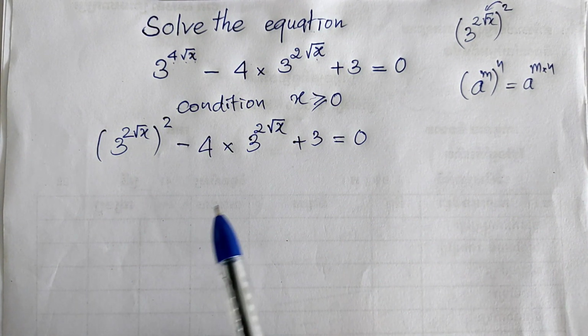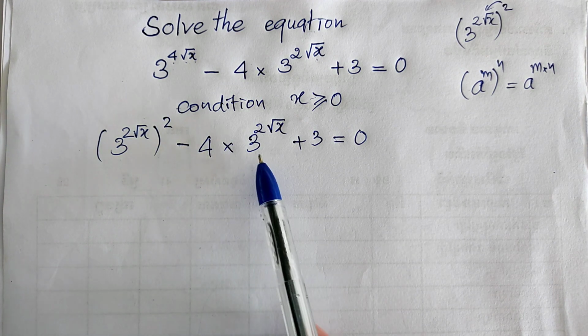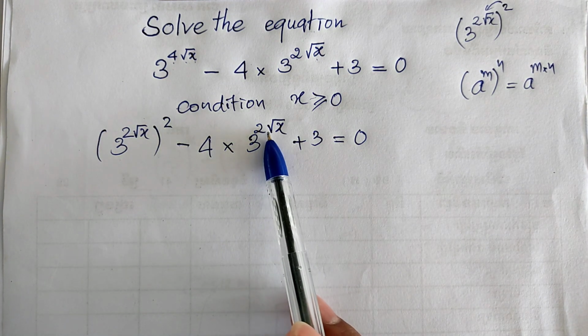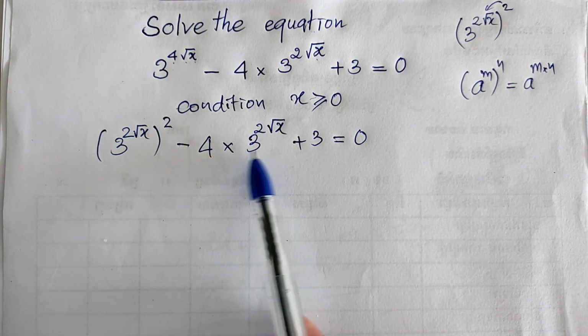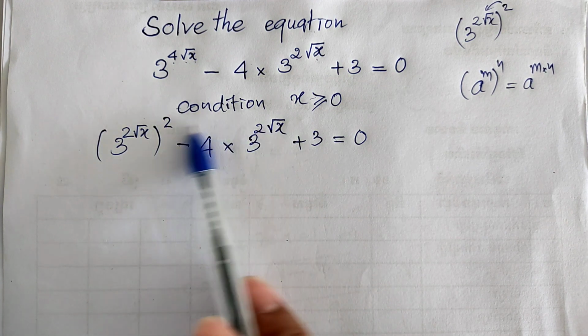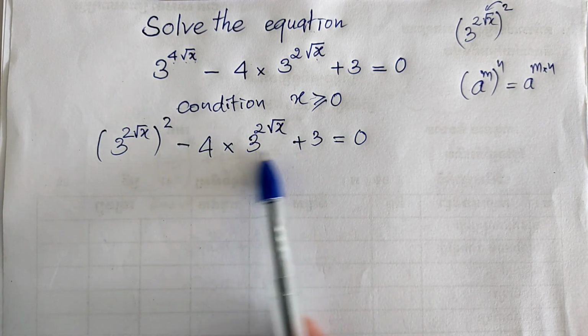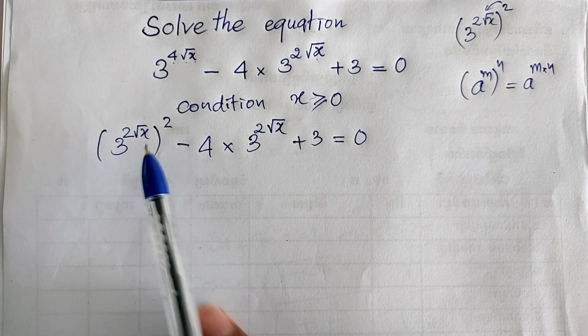Now look at our equation, which has 3 power 2 square root h and this also 3 power 2 square root h. So we can substitute another variable. The variable that we substitute must be positive because it is an exponential function.